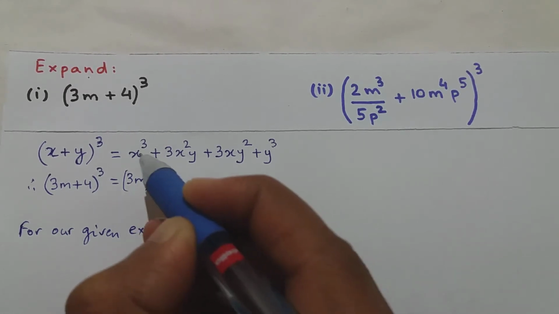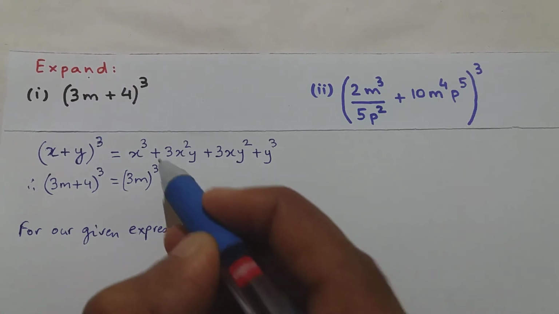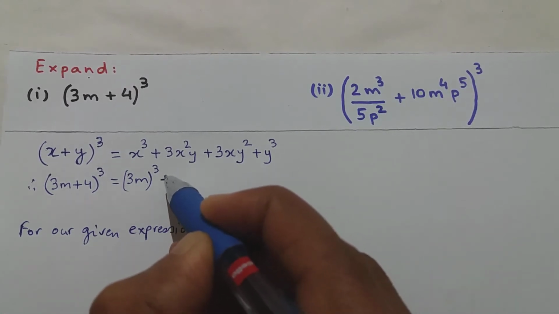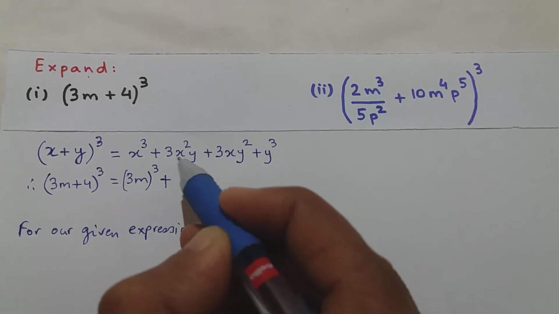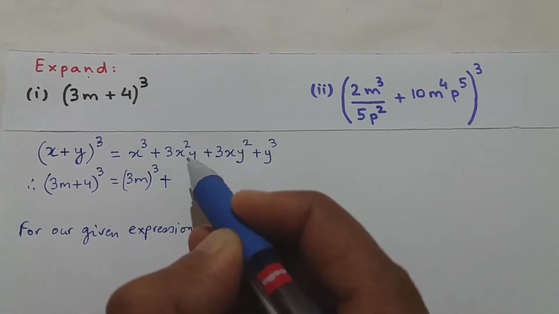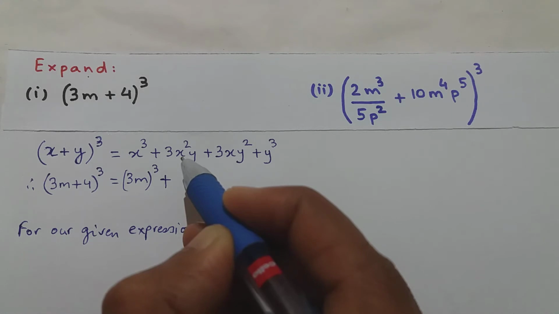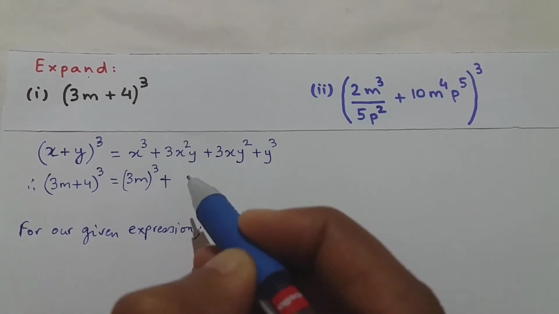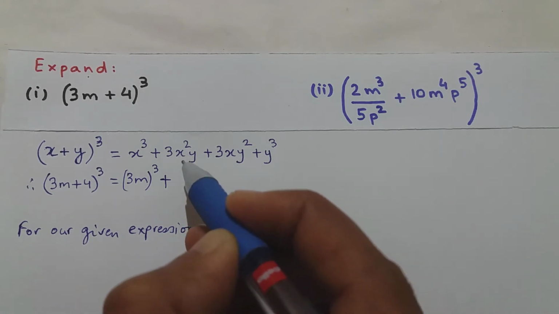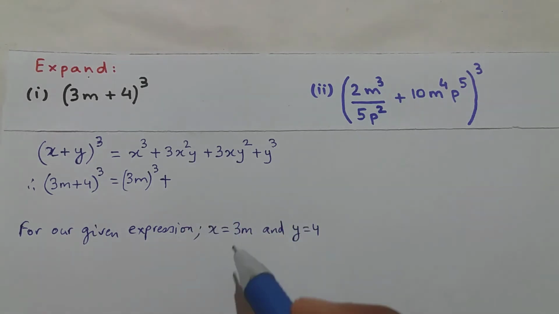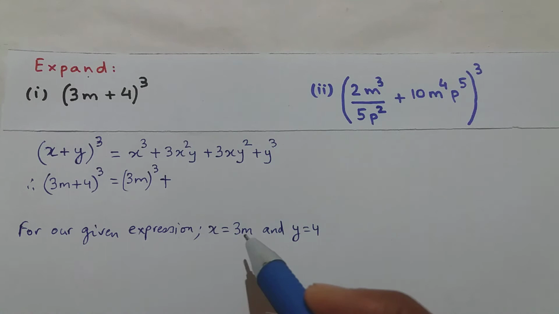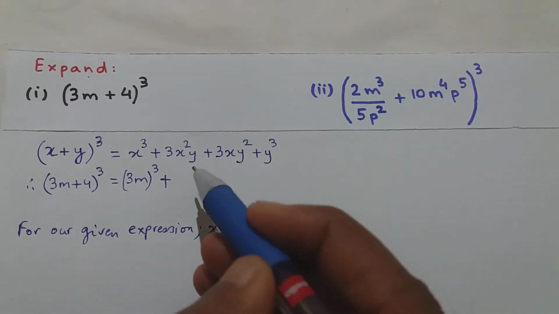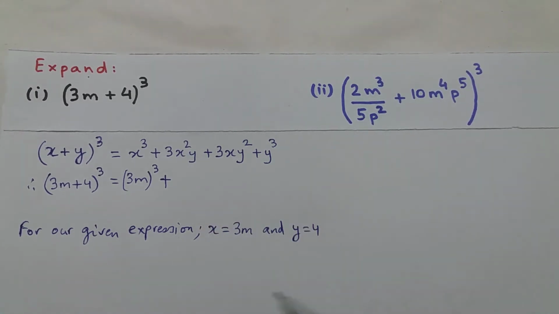So this is x cube plus 3x square y. Now 3x square y means 3 into x square into y. Now for our given expression, x is 3m, so therefore x square will be 3m whole square and y is 4.